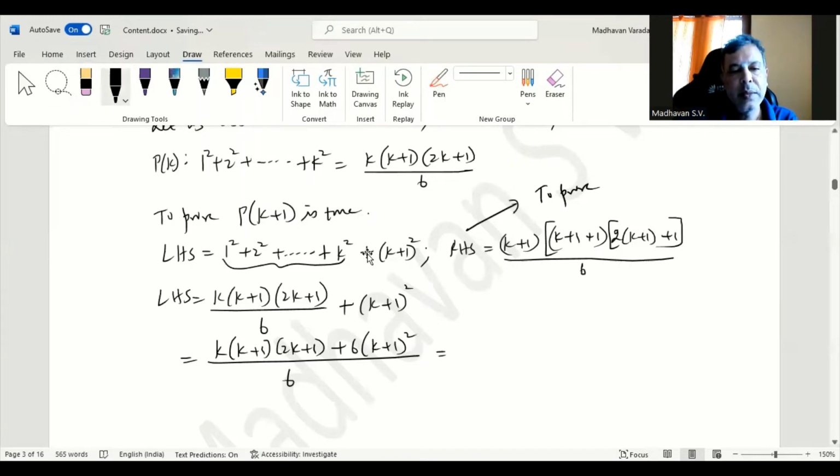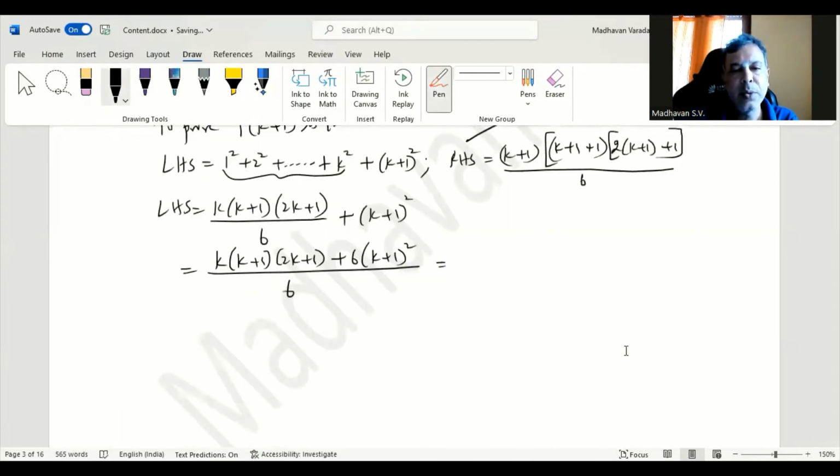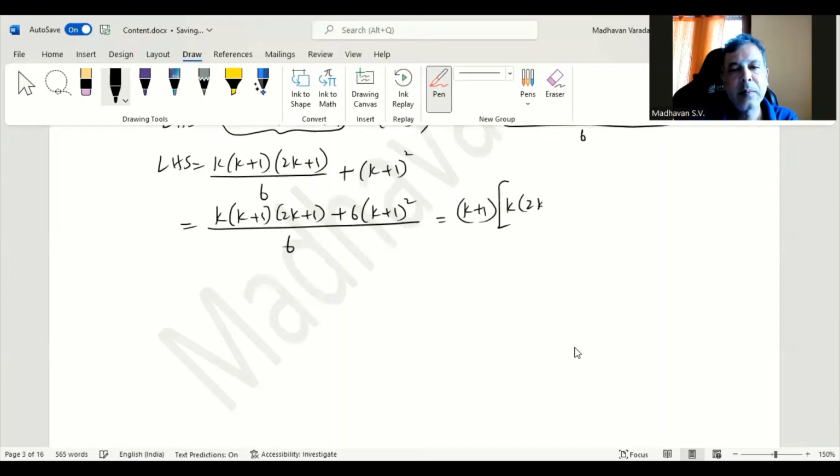Now we may notice the common term in these two is k plus 1 in the numerator. Here in the first term it will become now k into 2k plus 1, because already we took k plus 1 outside, plus 6 times k plus 1, because we took k plus 1 already outside.